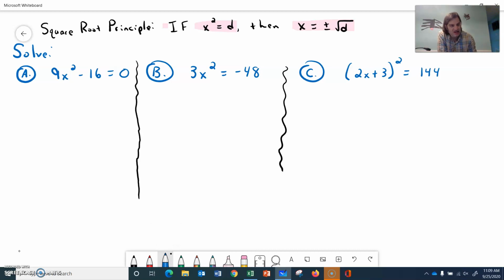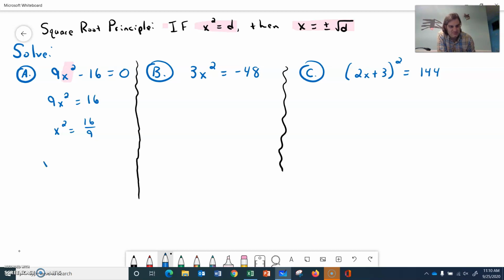A here, 9x squared minus 16 equals 0. So the main thing we've got to do here is focus on getting that square part by itself to begin with. So we can move the 16 over. So we'll have 9x squared equals 16, and then we can divide by the 9, and we'll have x squared equals 16 over 9.